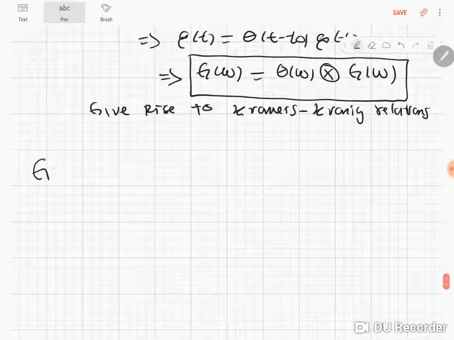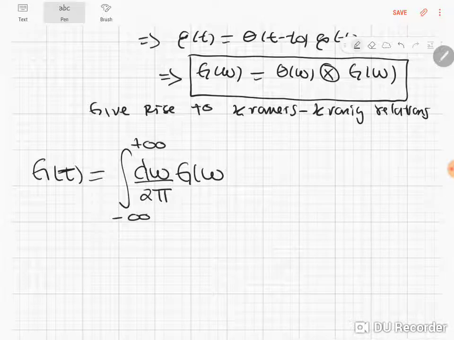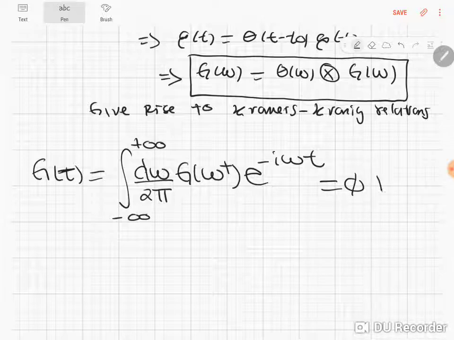Green's function g of t, written in the spectral domain, which is just the integral from minus infinity to infinity of d omega divided by 2 pi g of omega plus e to the minus i omega t, is 0 for all t less than 0, or less than t0 if we take t0 to be 0.